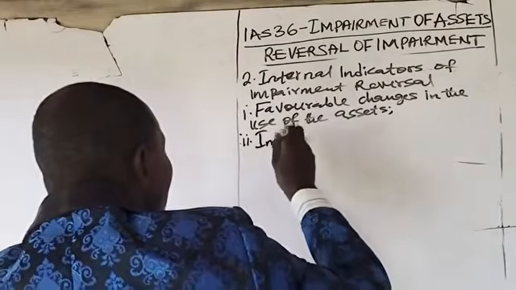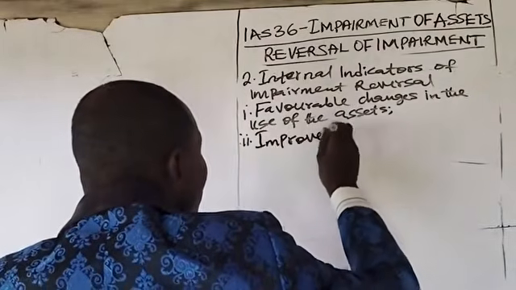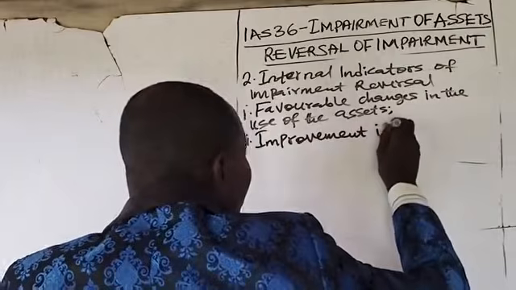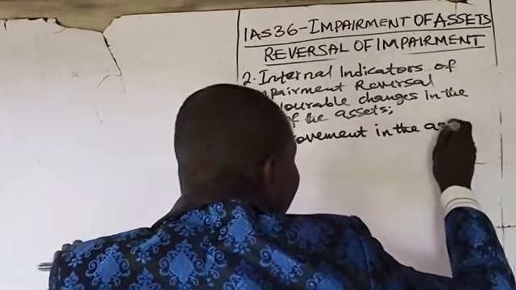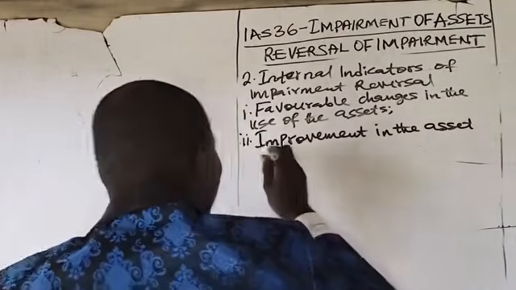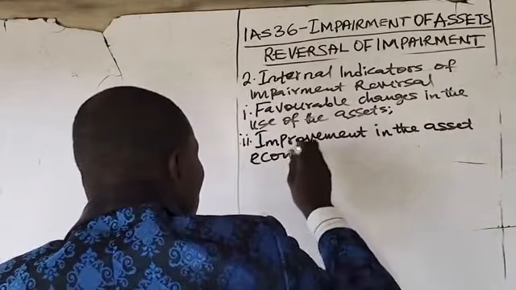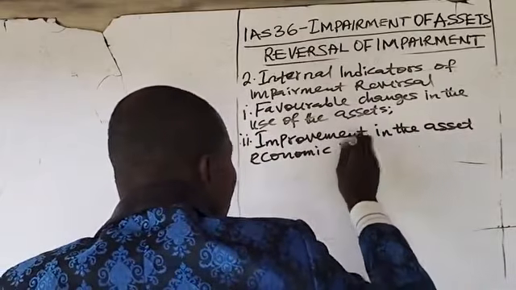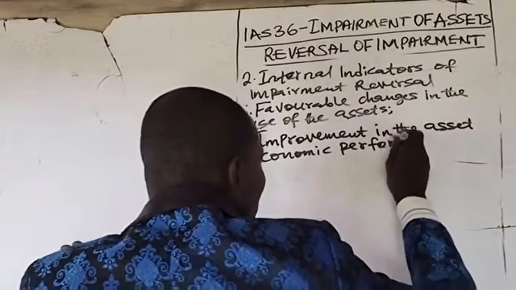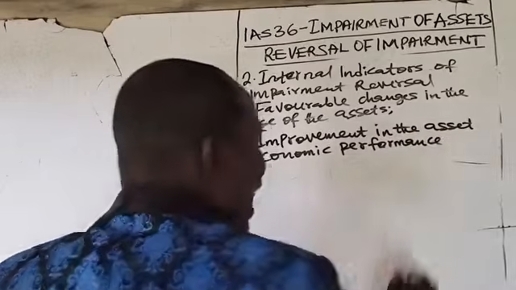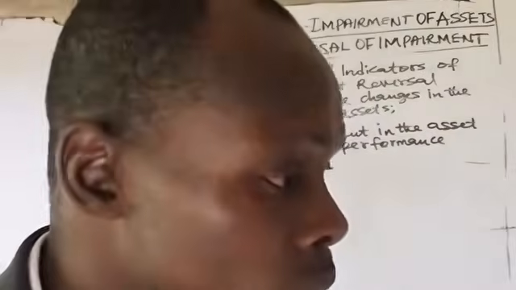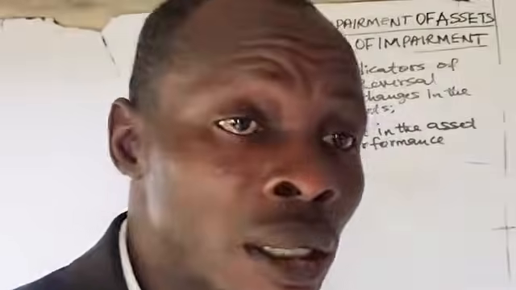Improvement in the asset's economic performance. Where the asset now performs better than before, that means the asset value has improved.